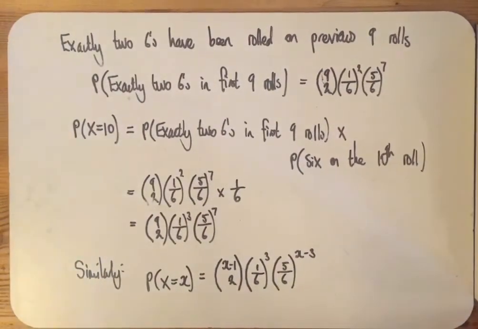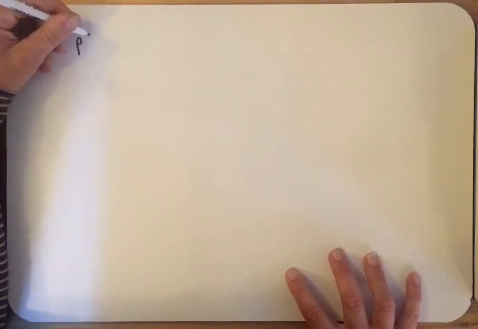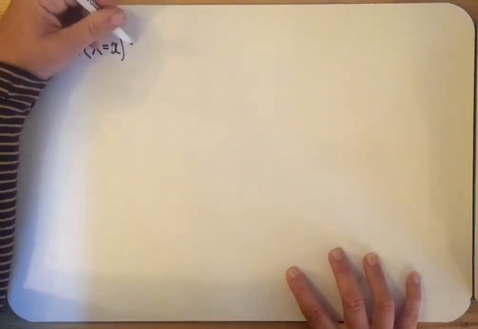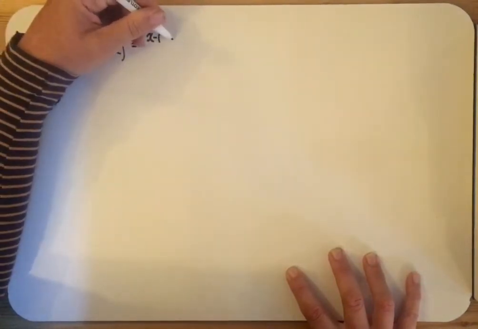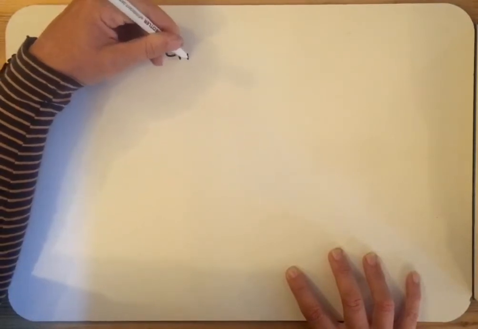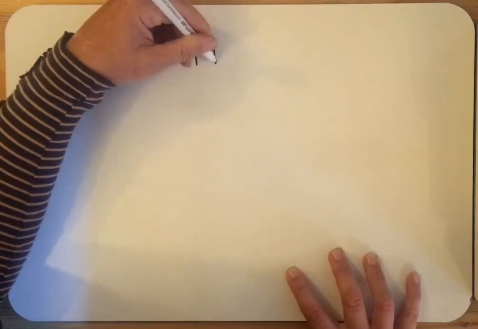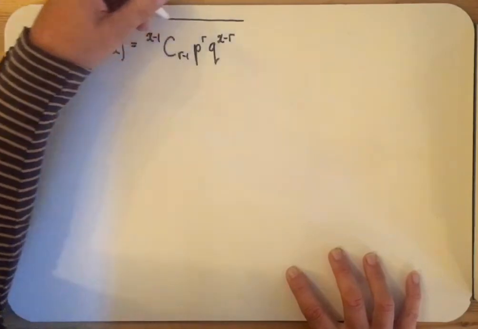And so more generally, the probability that X equals x is equal to x minus 1 choose r minus 1, p to the r, q to the x minus r.